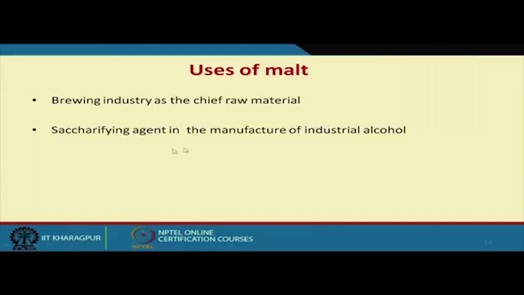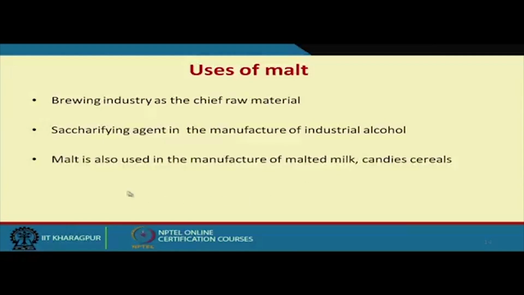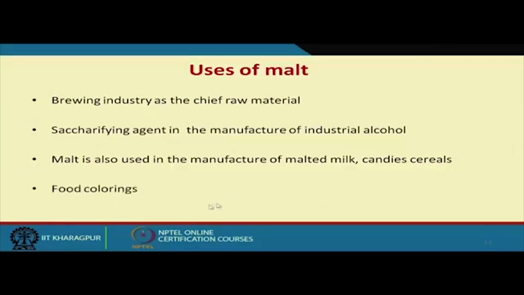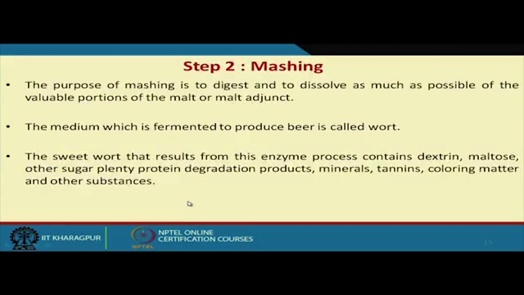As a saccharification agent in the manufacture of industrial alcohol, it is largely used. Malt is used in the manufacture of malted milk. I told you that malted food is usually recommended for school children and for patients. It is also used in candies, cereals, and as food coloring.